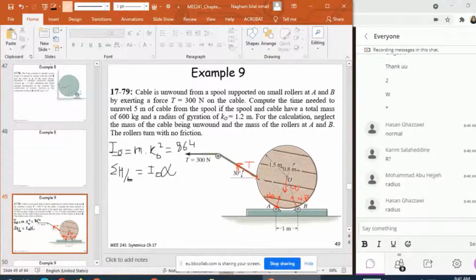So the moment is equal to 0. So the weight and the normal forces do not have any moment around O.